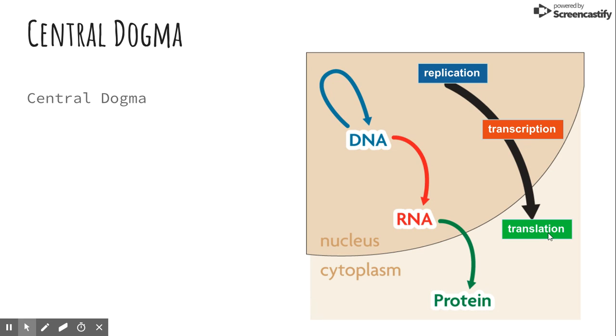Both transcription and translation are parts of protein synthesis, so making proteins. We can also include DNA replication in this process. That's what this blue arrow here is. That's just showing you how DNA can be replicated and stay inside the nucleus. It doesn't go anywhere. So that's what that is showing you here.